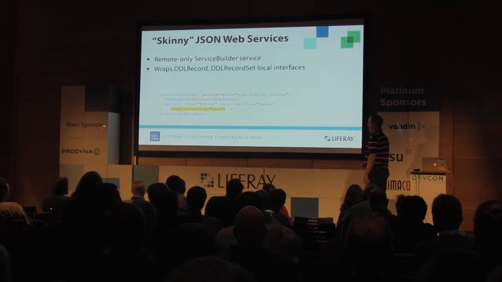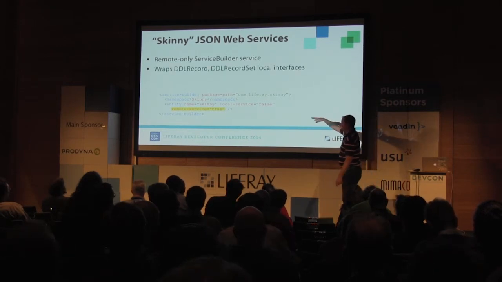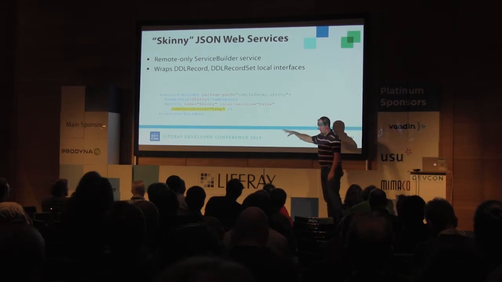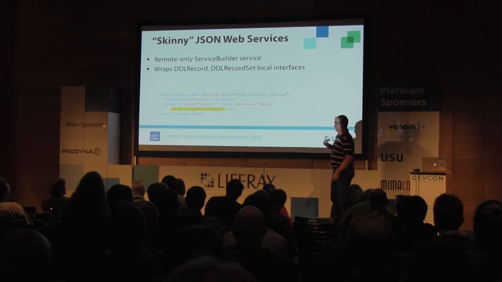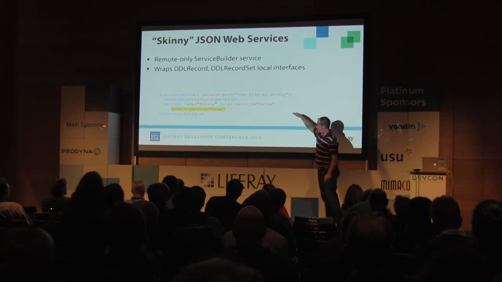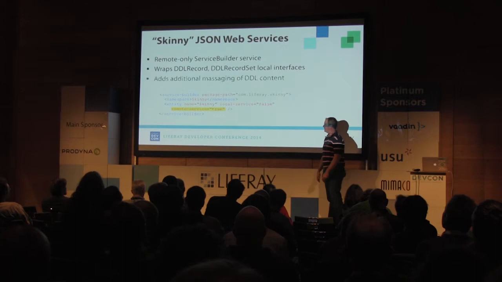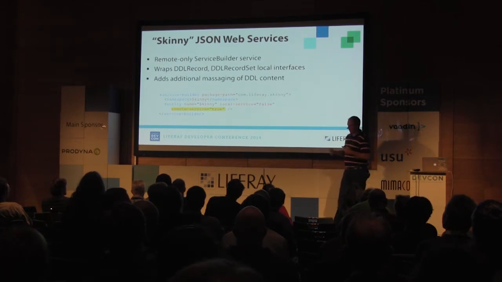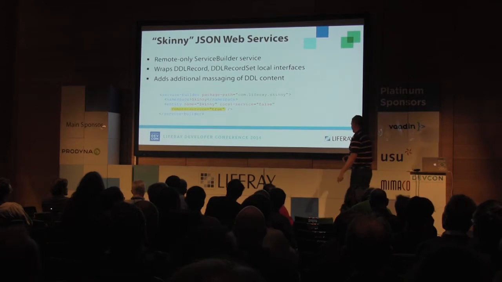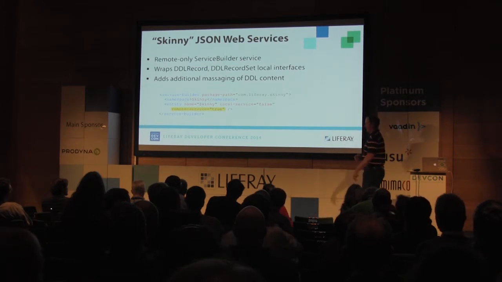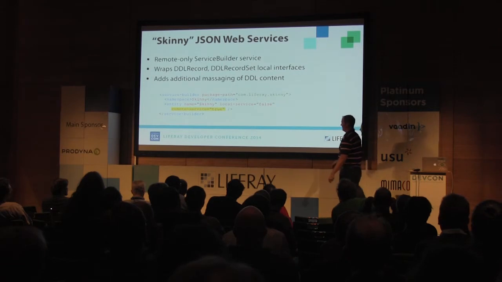So it's very simple to build. Again, ultimately it makes calls into the dynamic data list API to return back the content, but it does so through these remote APIs that are automatically generated by Service Builder. And then we add a couple of additional things, like we make sure the dates are the same format no matter what, because there's different kinds of dates you can store within Liferay.